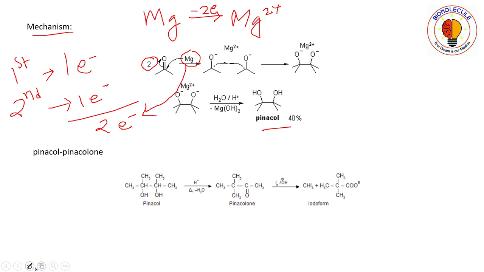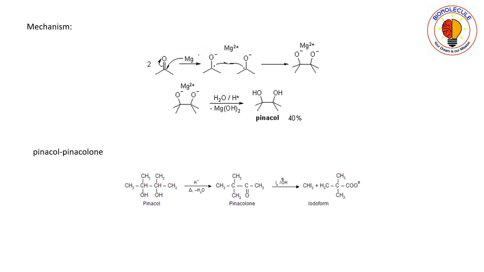Now this magnesium is giving two electrons and being converted to magnesium 2 plus. This type of reaction is known as a radical reaction. You know that one bond is made up of two electrons.